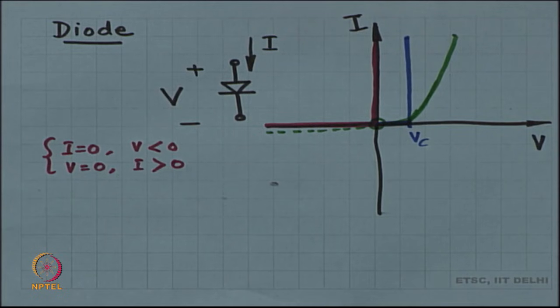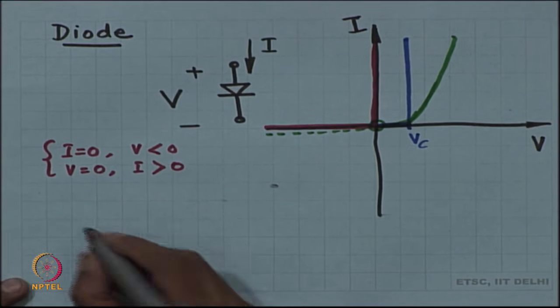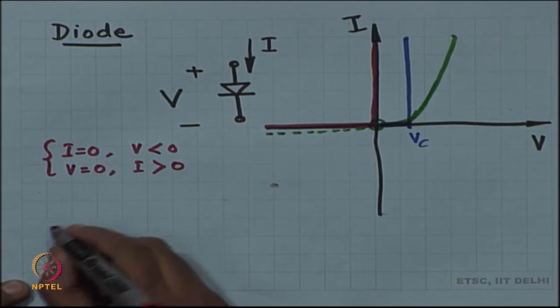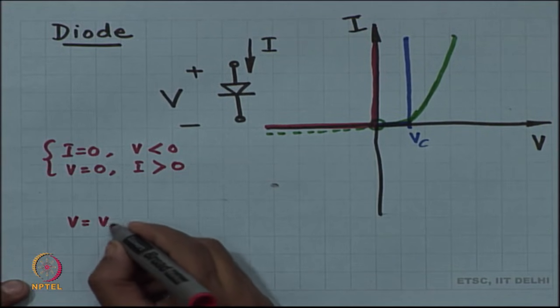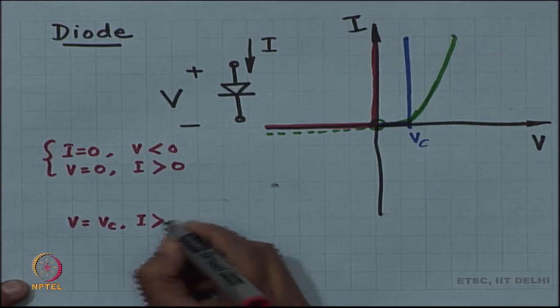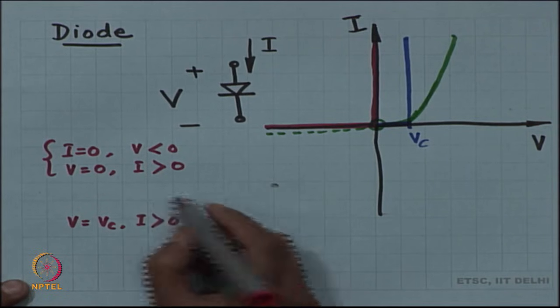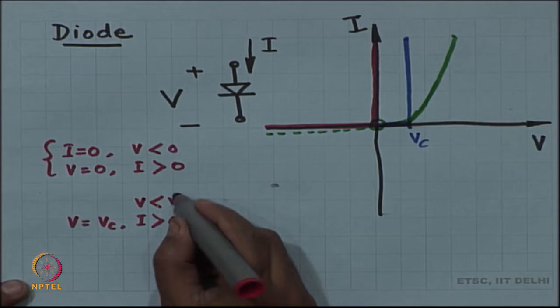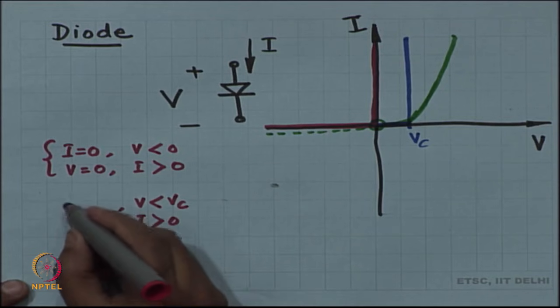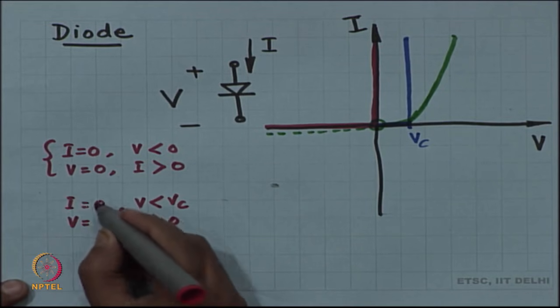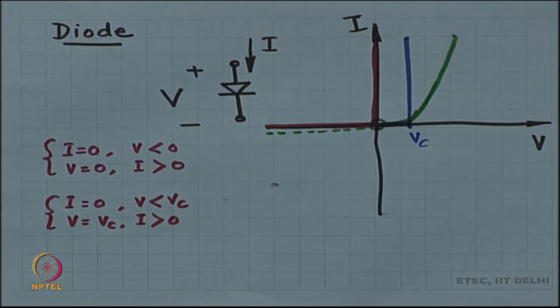The next level of abstraction is that no, I can't do V equal to 0, I will do V equal to Vc when I is greater than 0, but for V less than Vc I will be equal to 0. Okay.